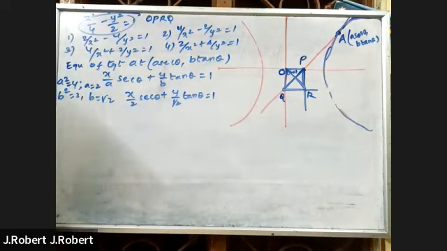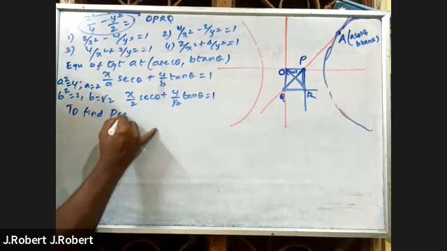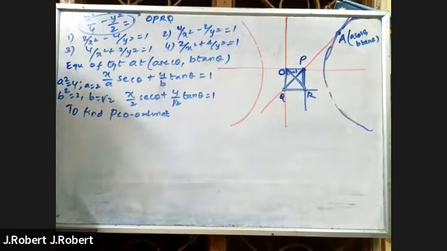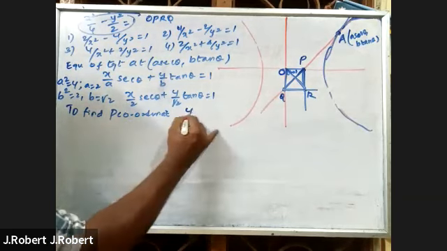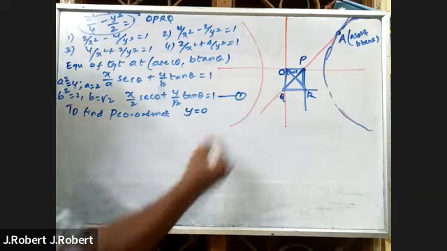It meets the x-axis at P. To find the P coordinate, we have to put y equal to 0, because it meets the x-axis. In the tangent line, this is called the first equation.